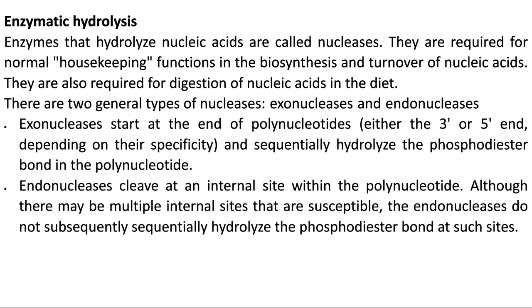The exonucleases start hydrolysis from one end of the polynucleotide. Either it starts from the 3' or the 5' end, depending on how specific the enzyme is. Enzymes are really specific in their function. And exonucleases break this thing down sequentially.